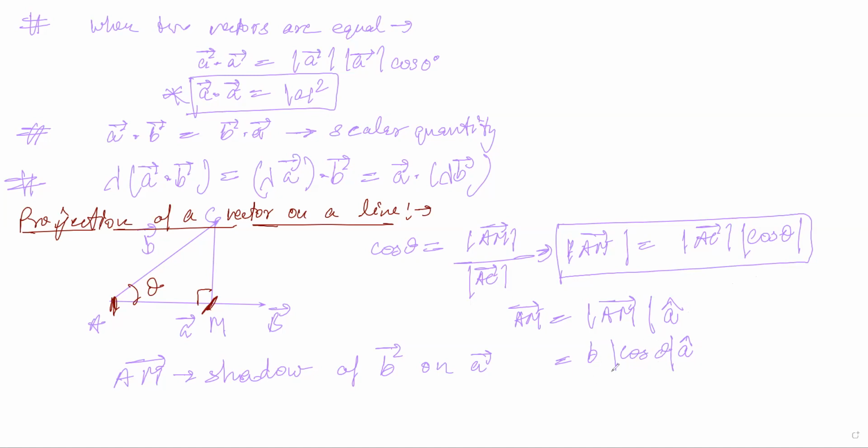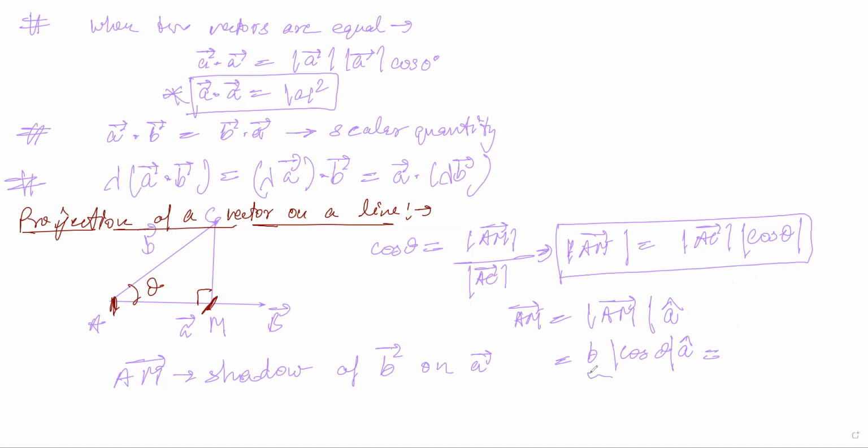Can you use dot product to write a projection of a line? How can you introduce dot product here? Projection of A vector on B vector can be written as A vector dot B vector divided by modulus of B vector. Correct. And how can you do so?